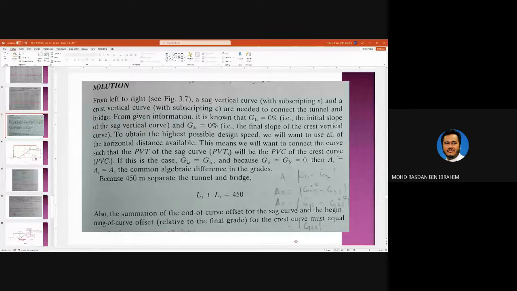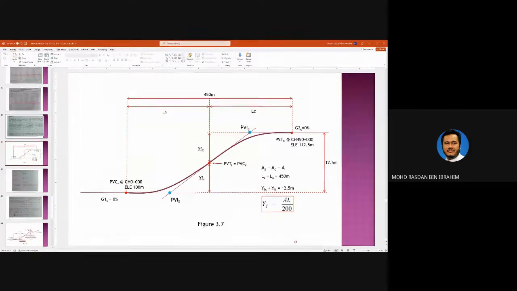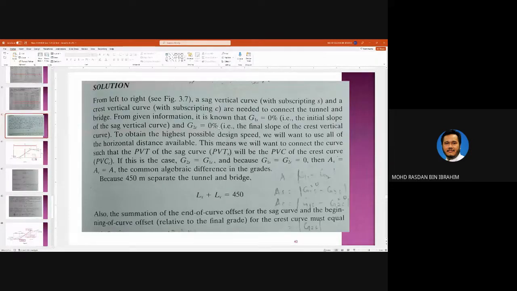Okay, for the given information, it is known that the initial gradient for the sag curve is 0, and the final gradient of the crest curve is also 0, because this part is flat and this part is also flat. So 0 over here, 0 over here. Okay.